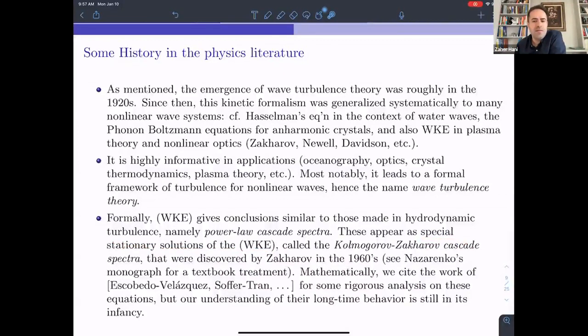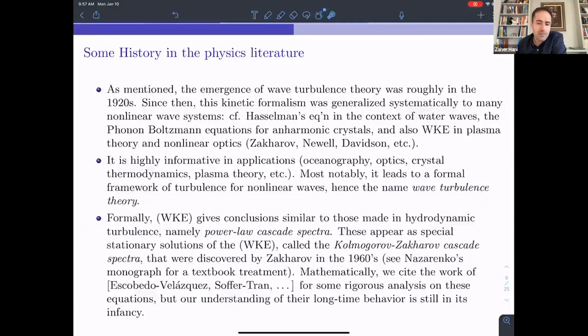They are called Kolmogorov-Zakharov spectra because they resemble Kolmogorov spectra, and they were discovered by Zakharov in the 60s. You can see the textbook treatment of Nazarenko if you want more information about that. But what's interesting is that those power law spectra, like the Kolmogorov spectra in hydrodynamic turbulence, appear as stationary solutions of this kinetic equation in this setting, which is a pretty cool thing that's going on here.